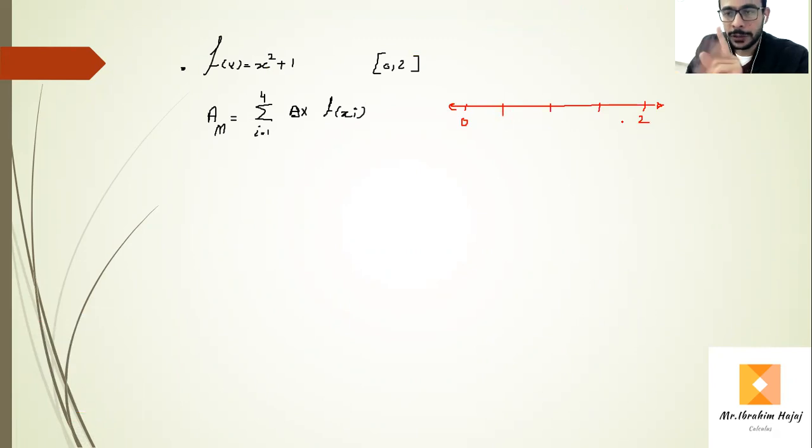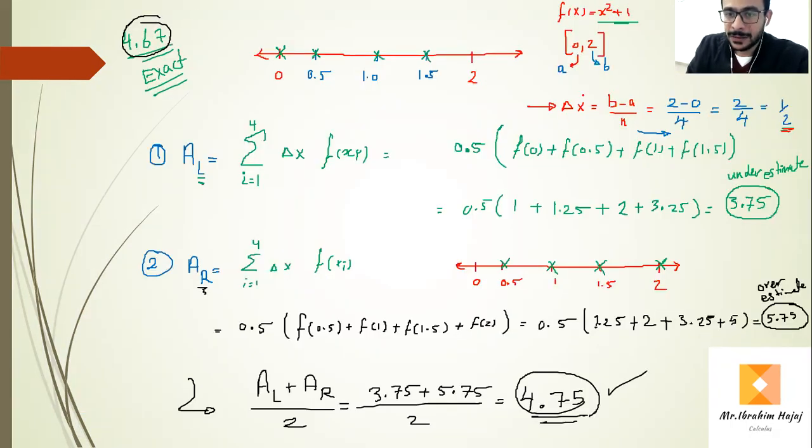But you are using only 4 in the formula. So we have here 1.0, and here 0.5, and here 1.5. Why 1.5 and 0.5? Because delta x determines the distances between each x and the next one. Delta x here should be half.